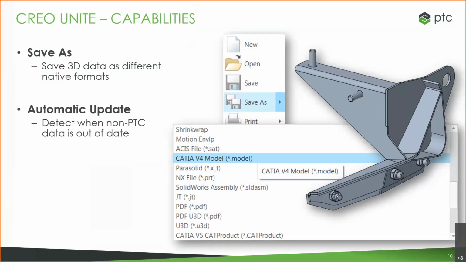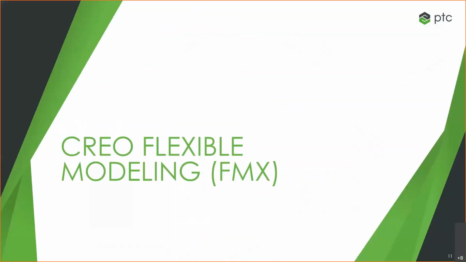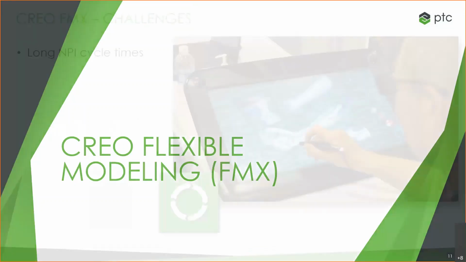And I already mentioned that automatic update, where if you have a part opened as the native file format inside of Creo, they make changes to something, you get the update, no problem. And now another part of the Creo Unite technology is the flexible modeling tool. So this allows for fast, flexible editing of CAD geometry from any data source, so imported non-native data or Creo data.